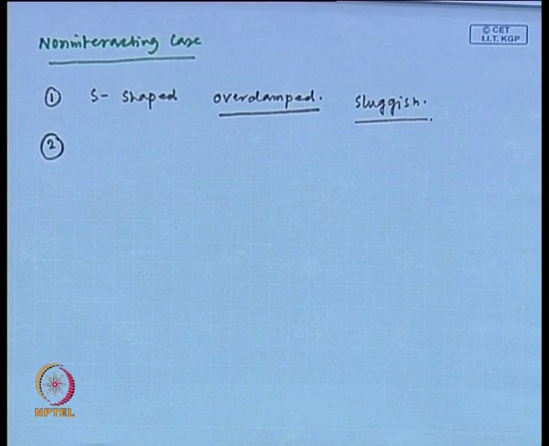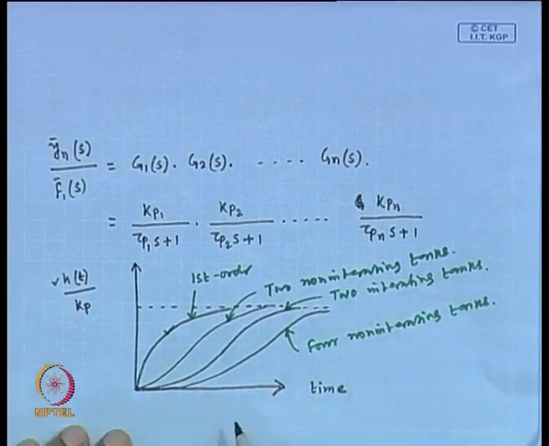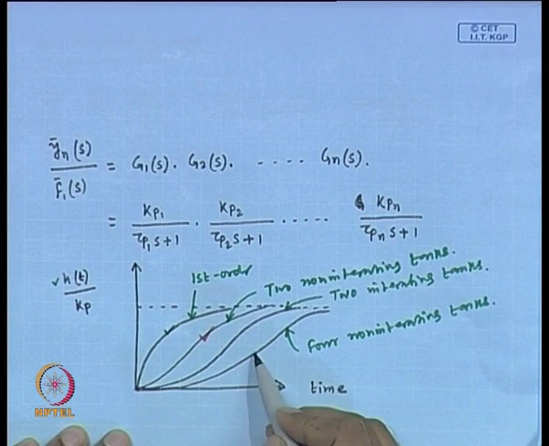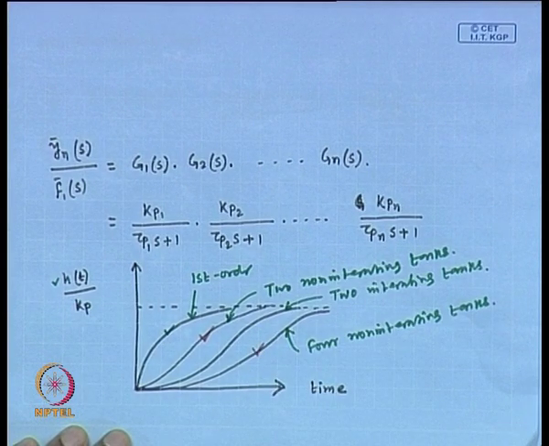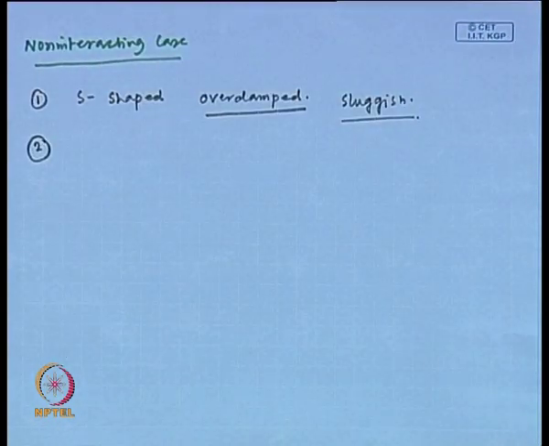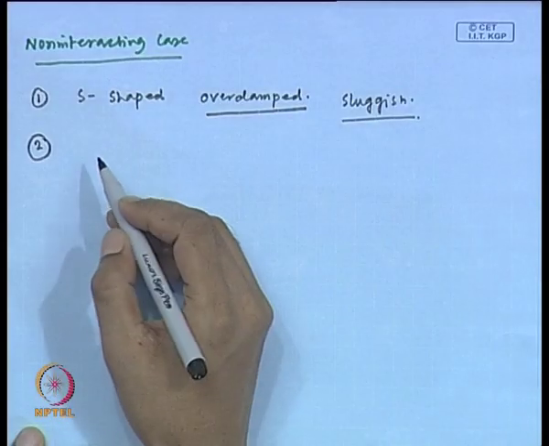If you compare the dynamic behavior of two non-interacting tanks and four non-interacting tanks, then we can conclude that increasing the number of capacities in series increases the sluggishness of the response. Agree? So this is the second comment.